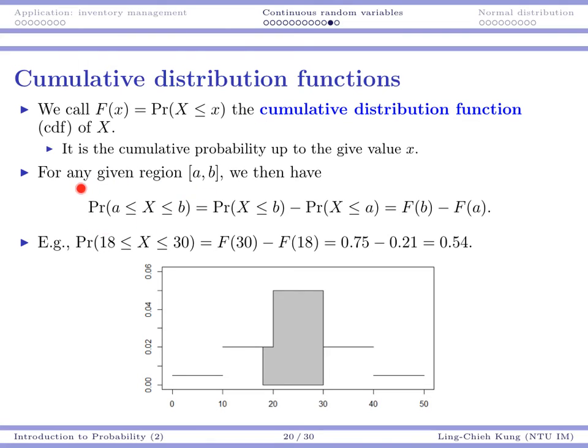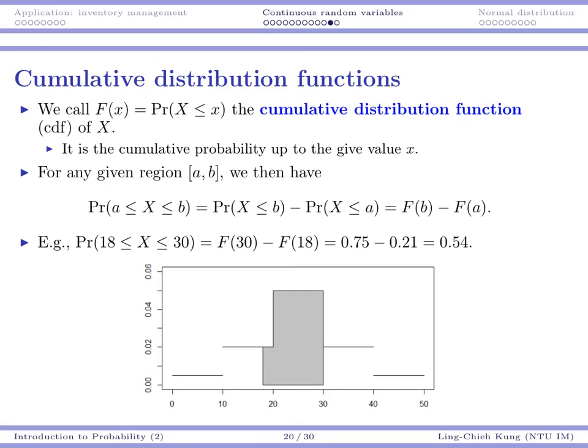If I am interested in the probability from A to B, then I can simply first find the probability below B and then subtract the probability for x to be less than A. This would be larger than that because B is greater than A. So I just need to plug B and A into my CDF and do a subtraction. That's going to be my answer.